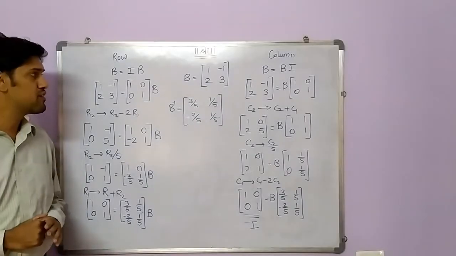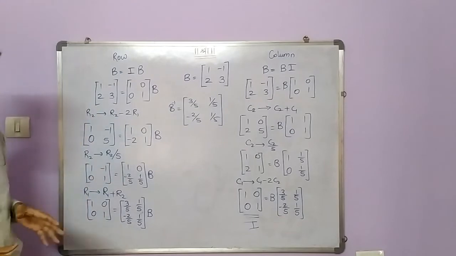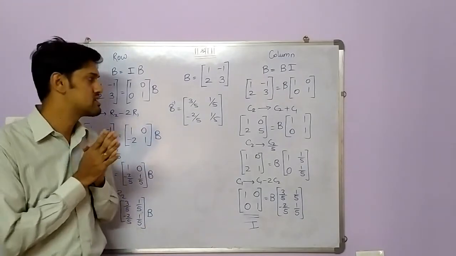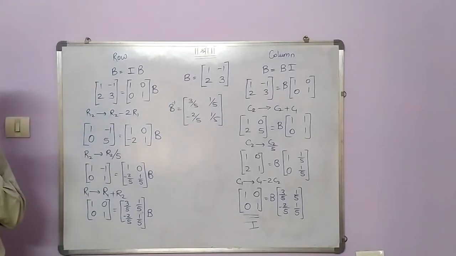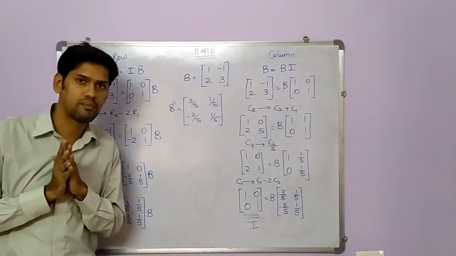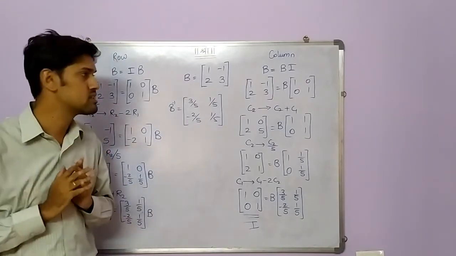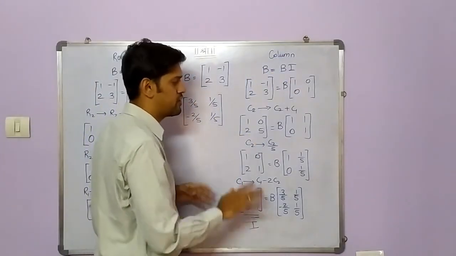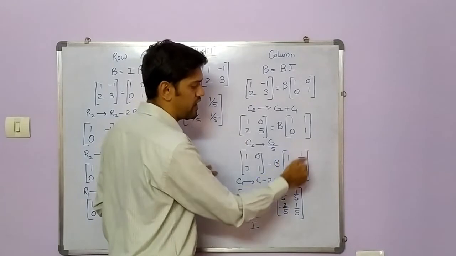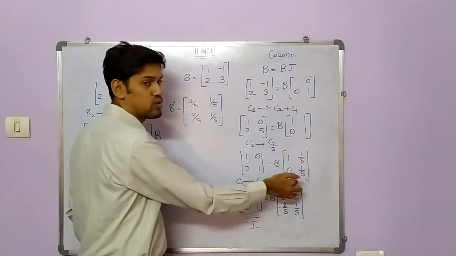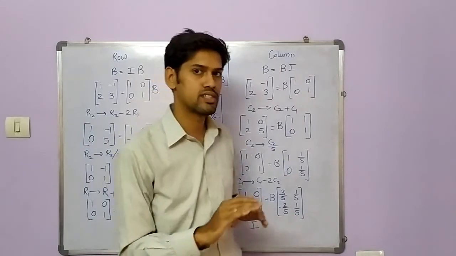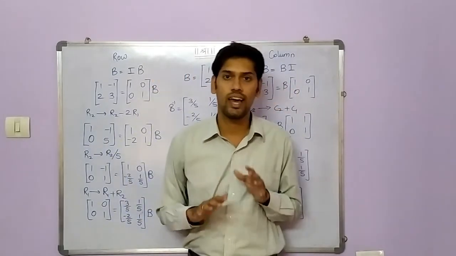While performing any of this elementary row or column transformation, if any of the row or any of the column gets all 0 elements, then in that case the inverse of that particular matrix does not exist. That means when I'm doing column transformation, if during any of the operation, if any one column becomes 0, 0, then in that case the operation will stop over there and you will say that the inverse of the matrix does not exist.